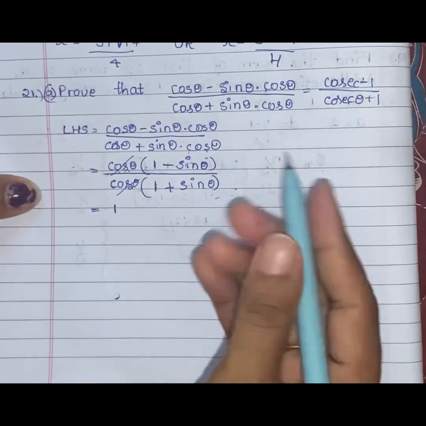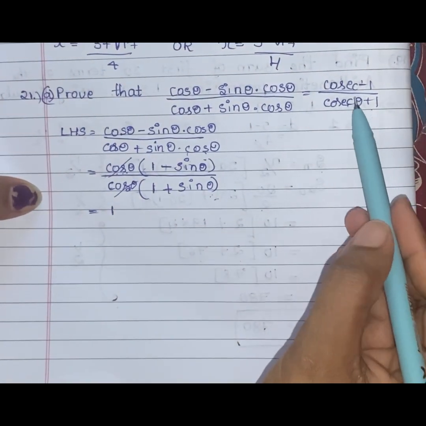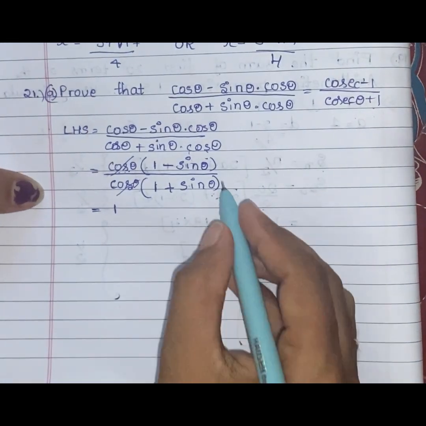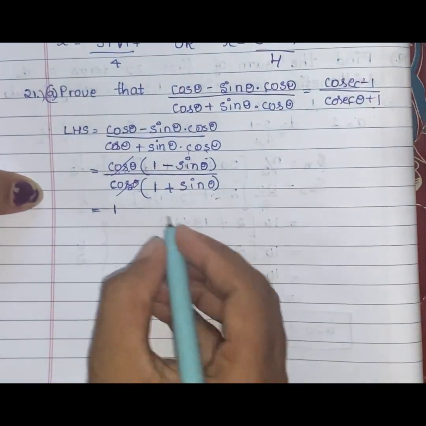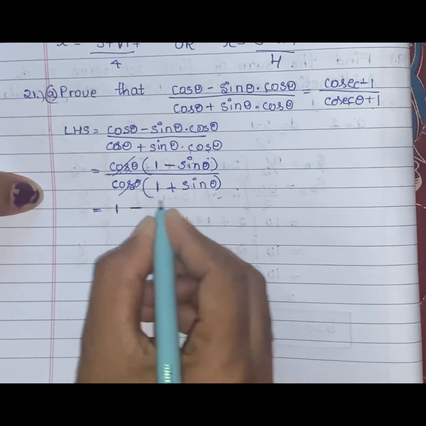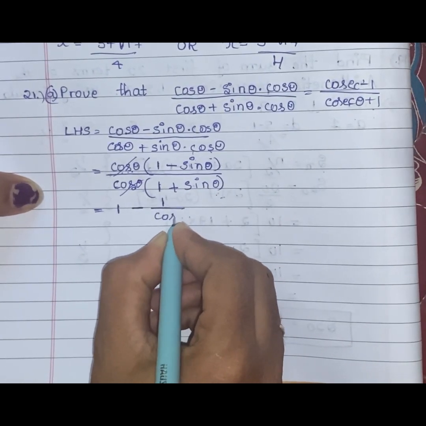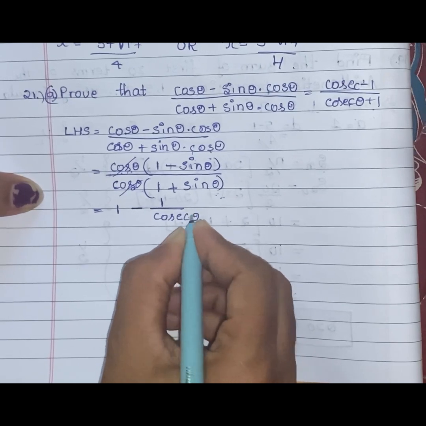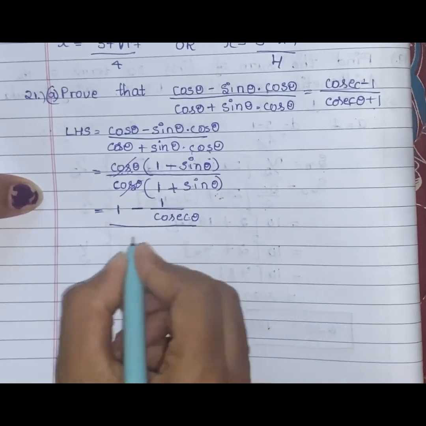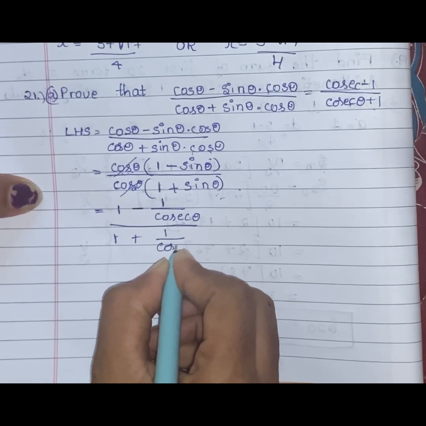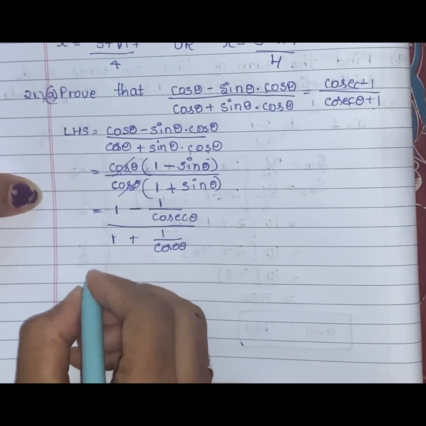Now what do we need to prove? In the RHS we need to get cosec theta. So now you need to write sin theta in terms of cosec theta. That is 1 minus, instead of sin theta you write 1 by cosec theta. So 1 by cosec theta is nothing but sin theta. Okay, divided by 1 plus 1 by cosec theta. Now take the LCM.